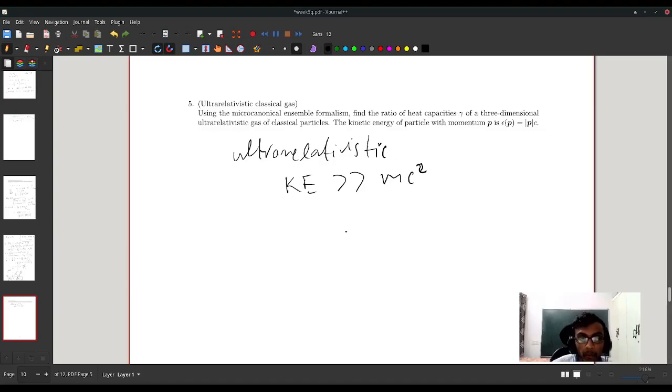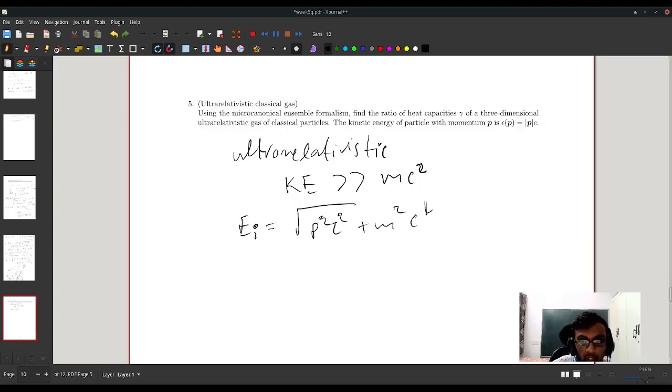The total energy of a single particle is the square root of p squared c squared plus m squared c to the 4.